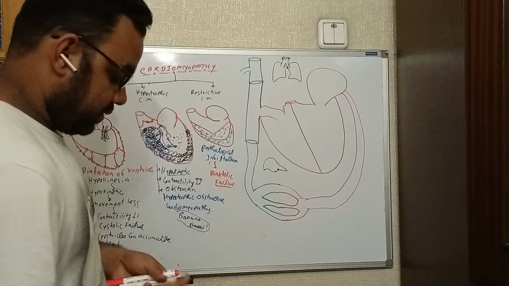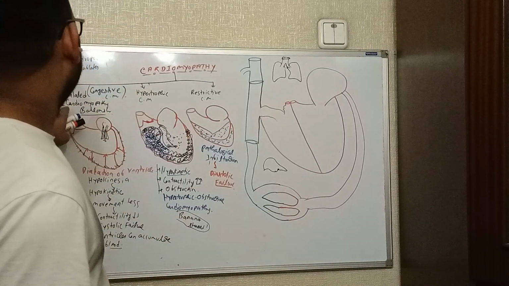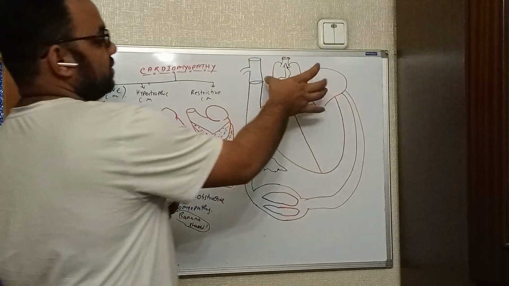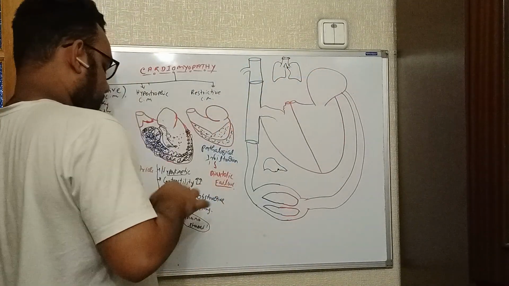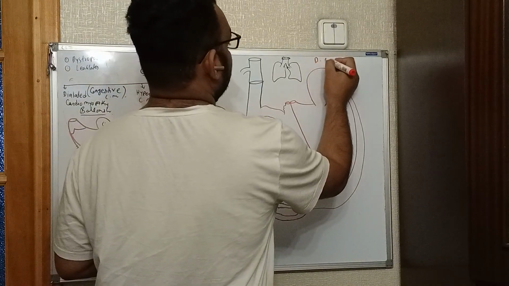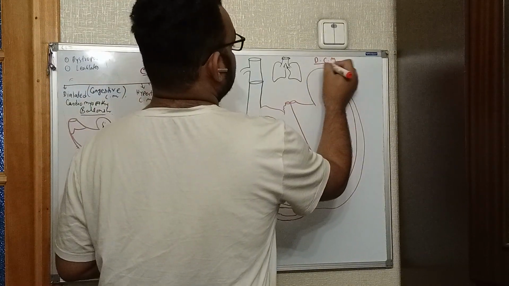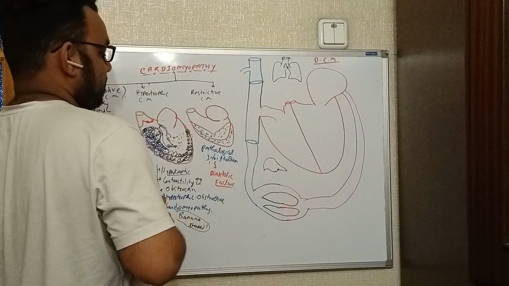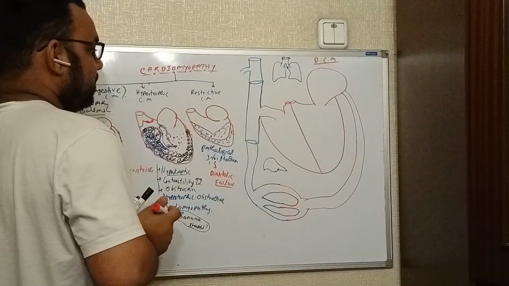Now I will talk in detail about dilated cardiomyopathy. I already drew this diagram here to save time. So I'll talk about dilated cardiomyopathy and its pathogenesis. Now see these things.